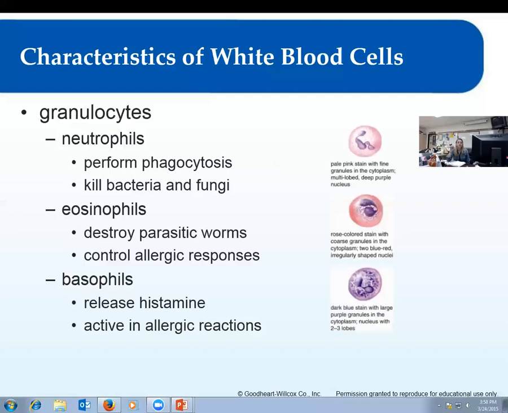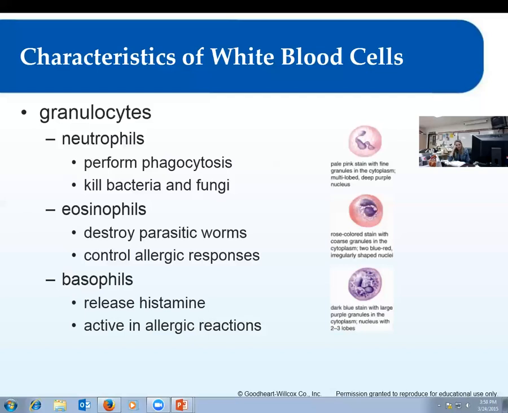Sometimes you'll hear the term ANC, which is absolute neutrophil count. When they do a stem cell transplant, they usually want the ANC to be 0. They kill off all of the neutrophils so they can replace the stem cells and the body can make new cells.